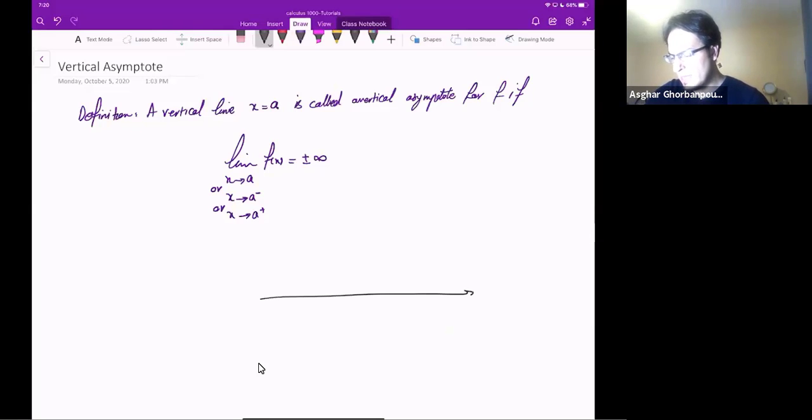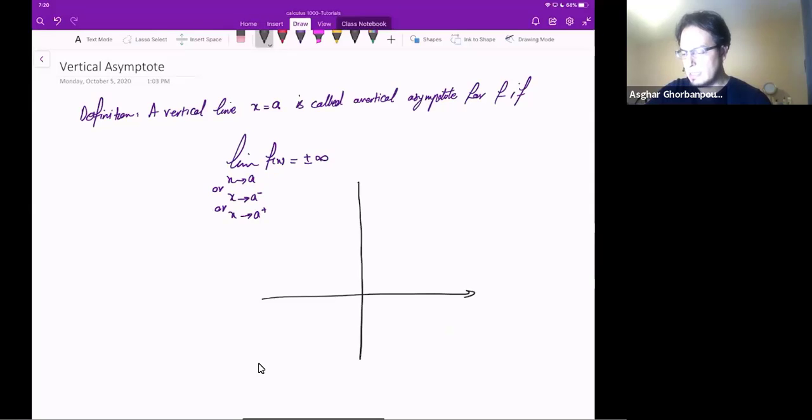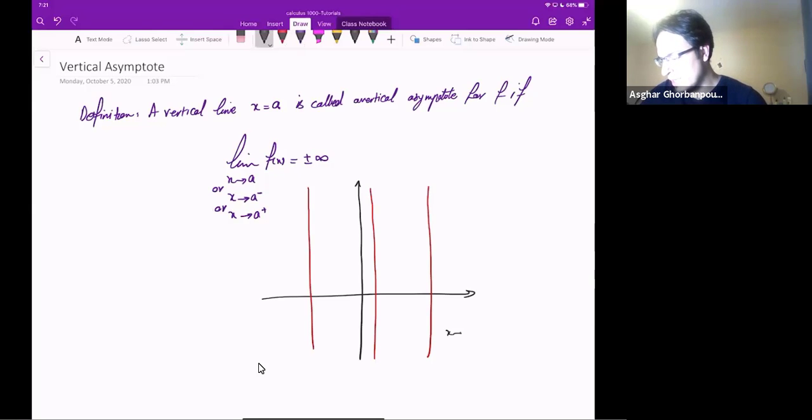And well, the way the graph would look is, let me just draw some vertical lines. For example, if x is approaching a from the right, that will give me positive infinity. That will be something like that, the graph of the function. When x approaches a, we get a limit of negative infinity.